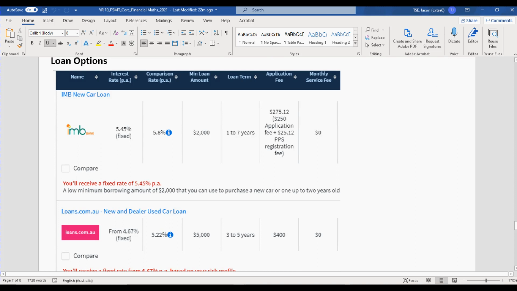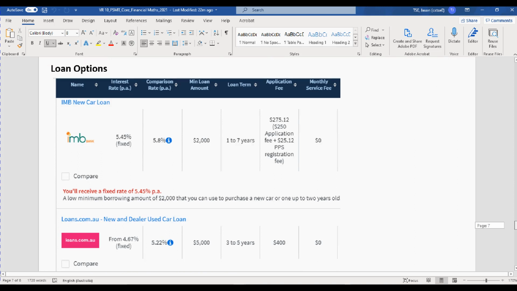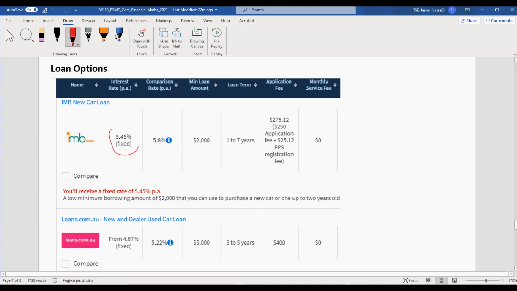For the first one, you receive a fixed rate of 5.45% PA. So that would be the interest rate here. A low minimum borrowing amount that you can use to purchase a new car or one up to 2 years old. Since we are buying a new car, this one is applicable.